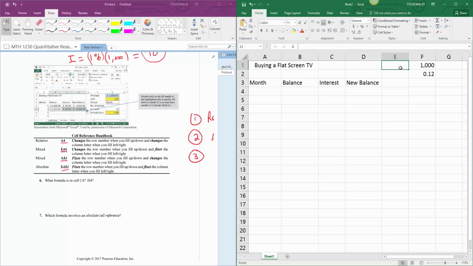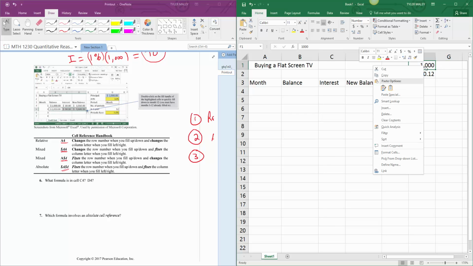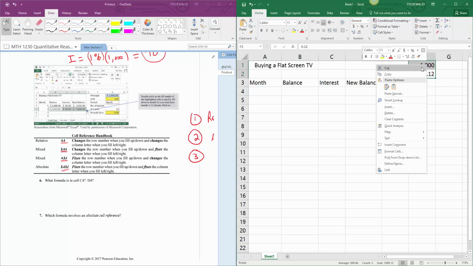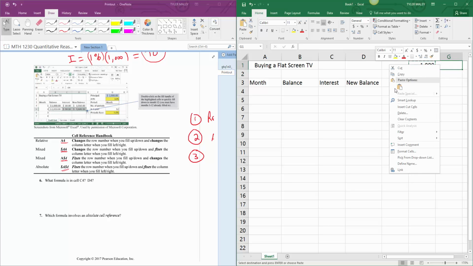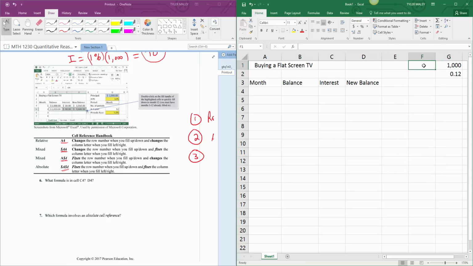Oops, I don't think this needs to be over 1. So let me move these over 1 to the right, my bad. So F1 is where we want it to be principal.